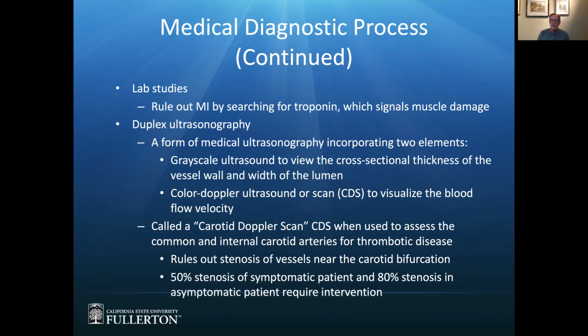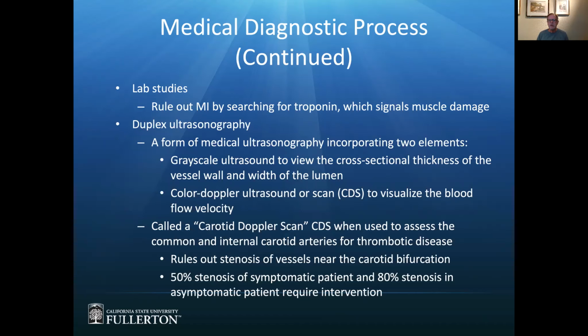The other things that they'll do routinely, now we're talking about cases that were not determined to be a hemorrhage with the CT scan, which is generally going to be the first significant test that they do. This is kind of a minor point, but I just put it in there anyway.